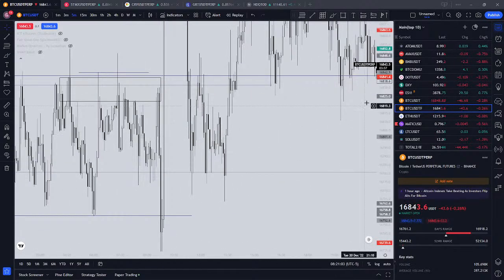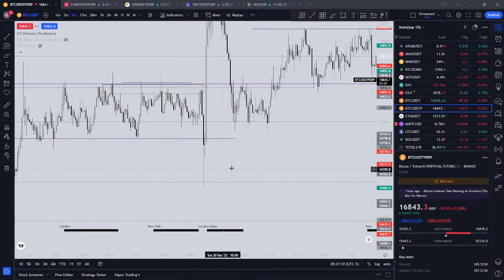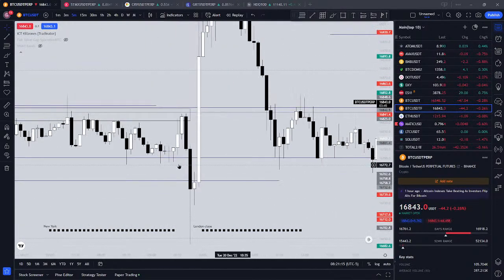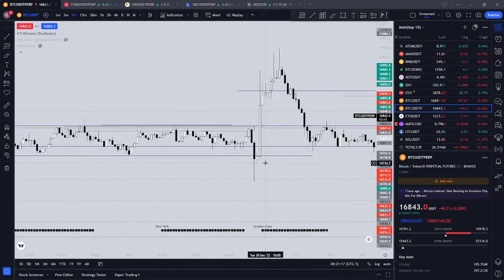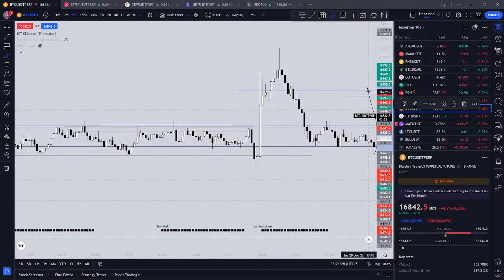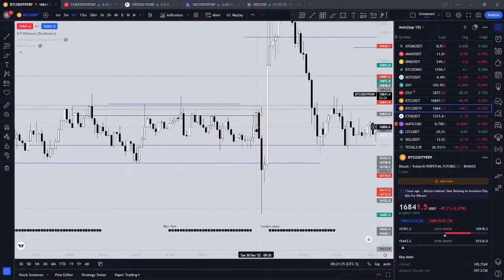If you go back, you will see the exact time where volatility kicks in, and this is something that's called a Judas swing. It's a repetitive fractal that happens on pretty much all higher time frames. So if you look at this, when the volatility started was, well, yeah, you guessed it, at 9:30.